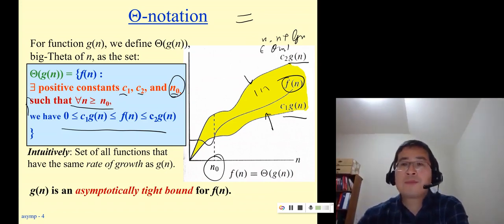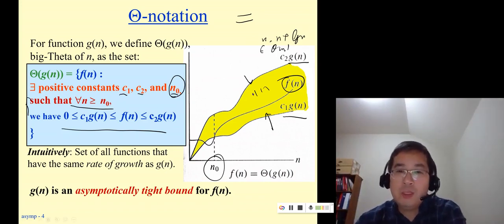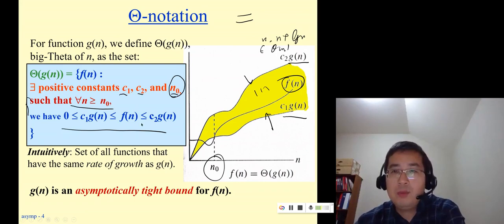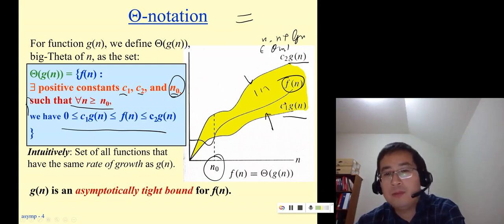So that means it may not be applicable for all the numbers n. n is just the size of the problem. But after some number, we can always find one number. Of course, if you can find one, you can find many. All the things after this N0 will also hold.